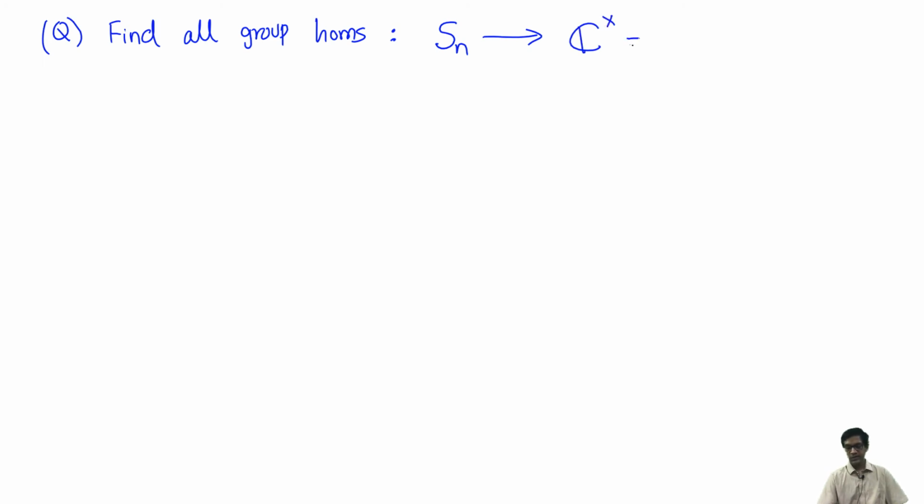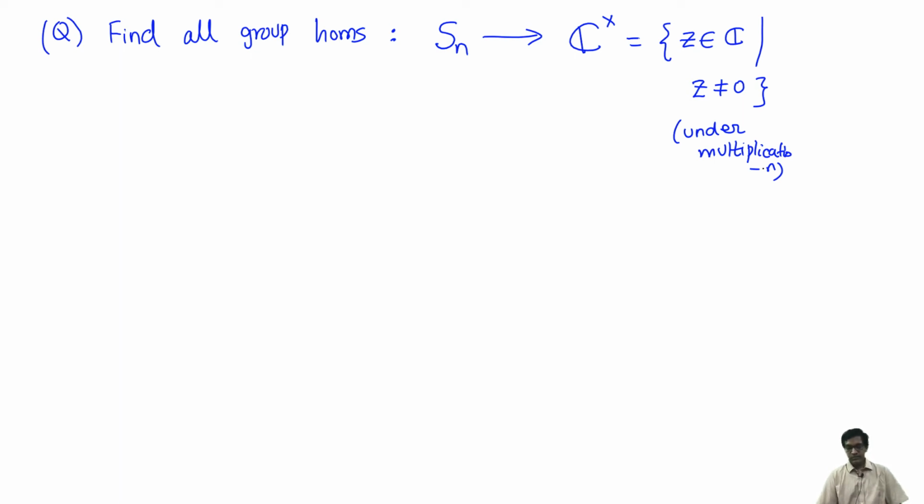This is just the set of non-zero complex numbers under multiplication, z not equal to 0, thought of as a group under multiplication. Okay, this forms a group because I have inverses and so on. So the question is, what are all the group homomorphisms that you can define from Sn to this group?